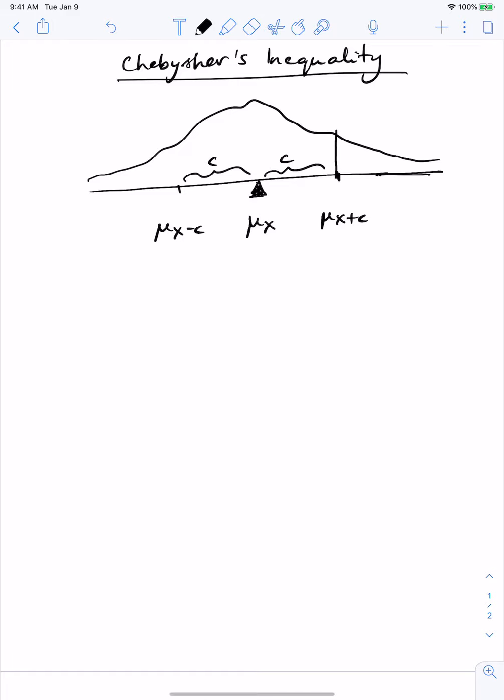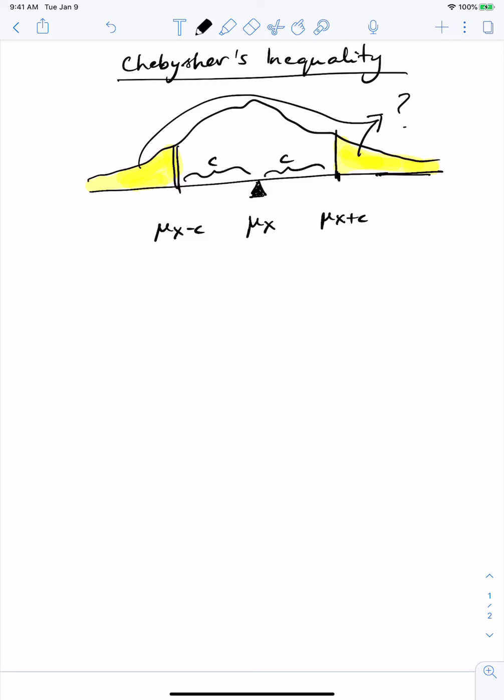That gives us two tails, and we're going to try and see how much is in those two tails, a total of two tails. Once again, we can't say exactly what it is. We're going to try and get a bound. So let's try and write down what that event is.